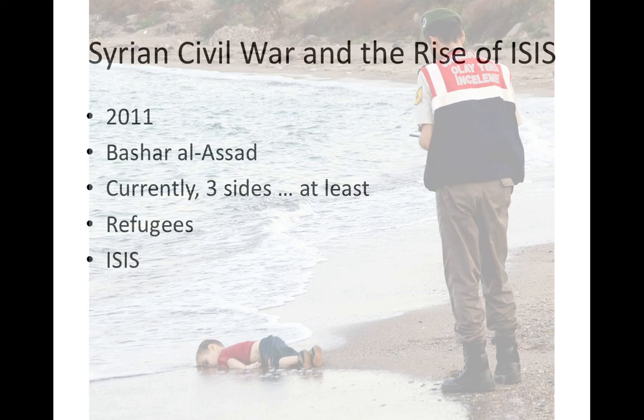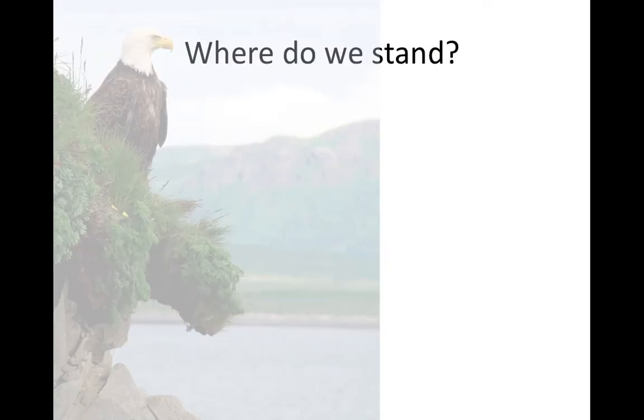Out of this, the Islamic State in Syria, ISIS, has risen up and is currently battling against rebel groups and the Syrian government. Assad is still somehow in power. Russia backs Assad. We back some of the rebel groups, but not all of them, and nobody really likes ISIS.